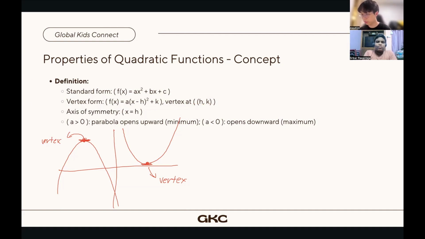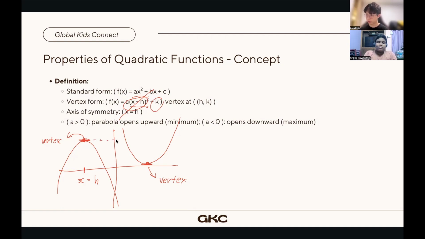If we take a look here, if you take a look at the inside of the square, the x minus h, we can say that when x is equal to h, this entire thing will become 0, and then we will get a remaining y value of k.